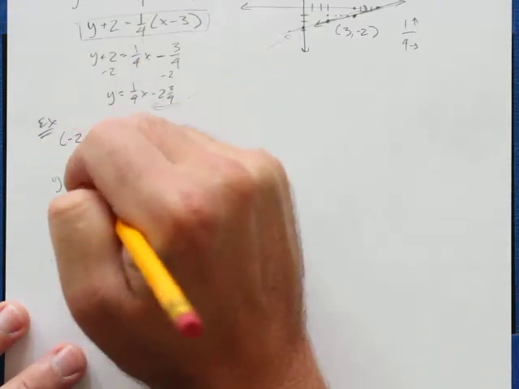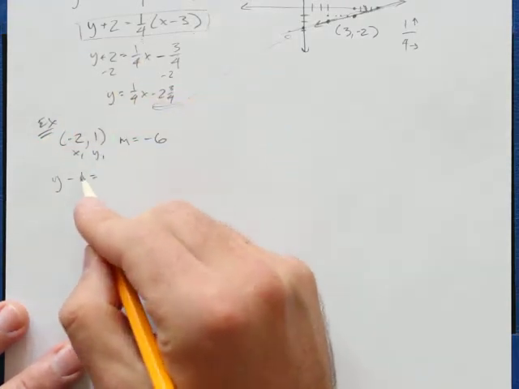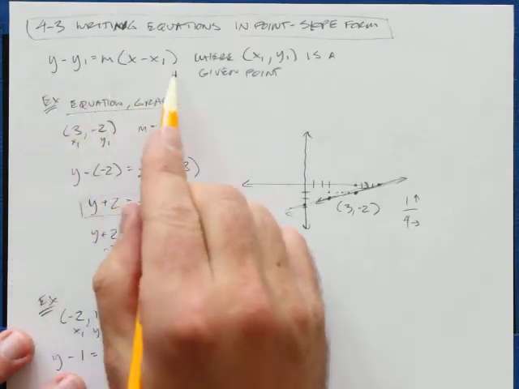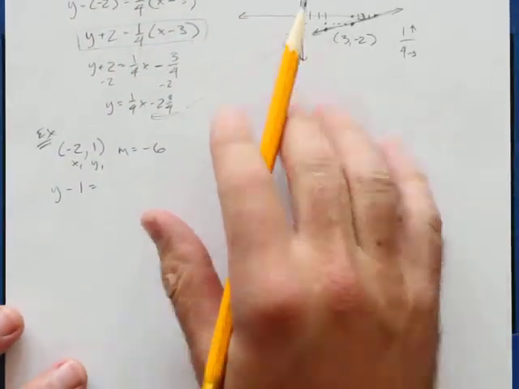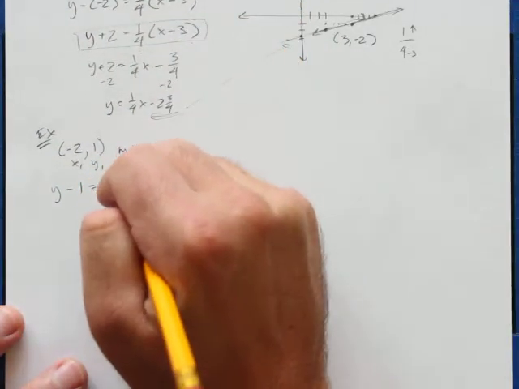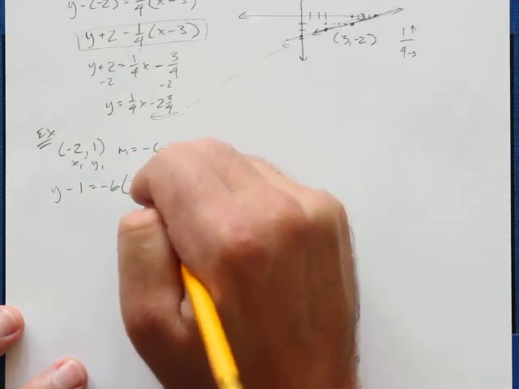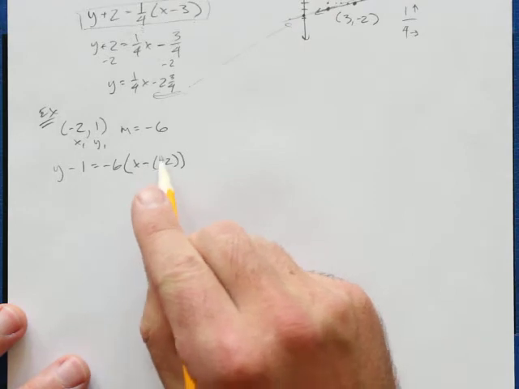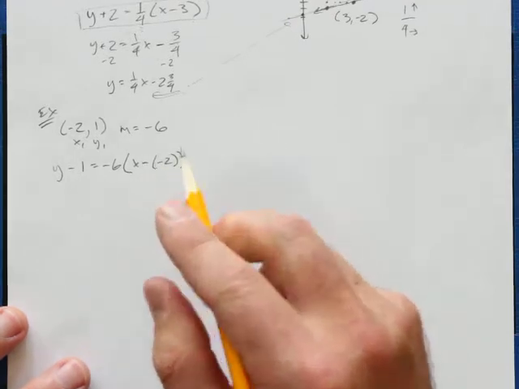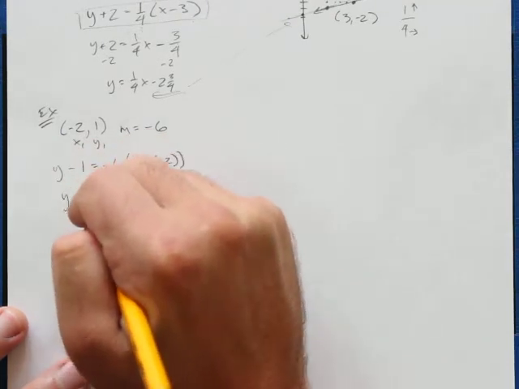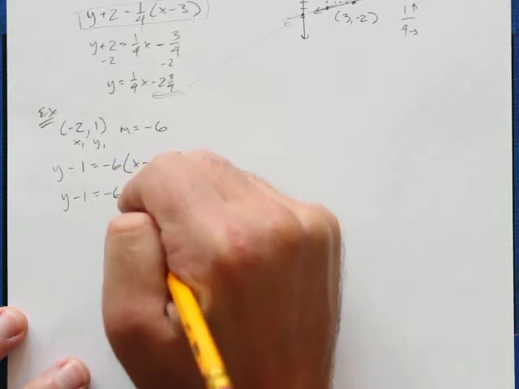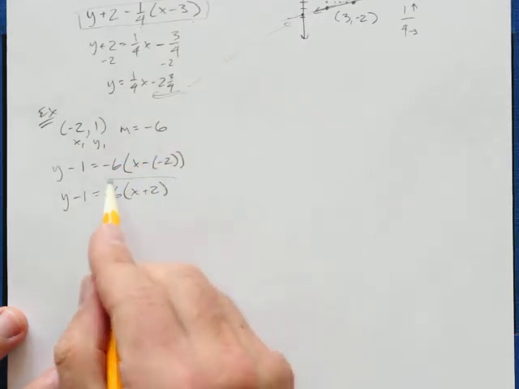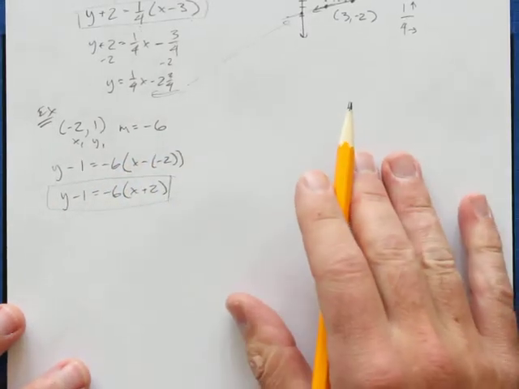Y minus 1 equals, so I put y1 in there, I'm using this equation here, and my slope is -6 times x minus x1, which is -2. So I take care of this mess right here. Y minus 1 equals -6 times x plus 2. And there I have done my equation.